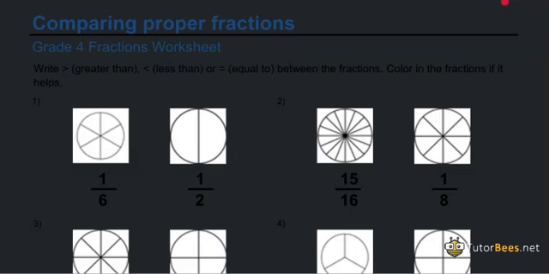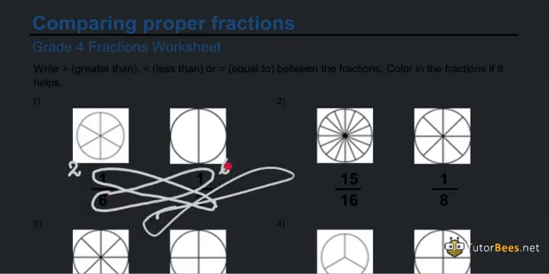The butterfly method is to multiply these two numbers, and write down the product here, and then multiply these two numbers and write the product here. Whichever side has the greatest number, this has a 6, is greater. So you would say that half is greater than 1/6.